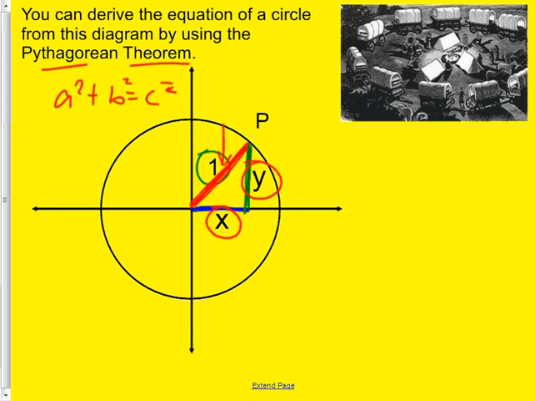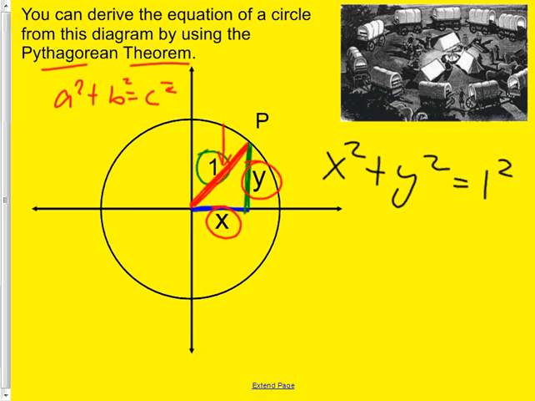Can you do it? The equation for this circle right here. Come on, step up. A squared plus b squared equals c squared. So? Oh, x squared plus y squared is equal to 1 squared, which is 1.